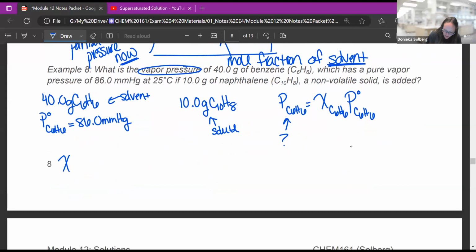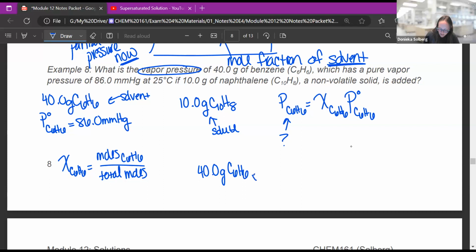So if I want the mole fraction of C6H6, that would be the moles of C6H6 over my total moles. Now I just need to figure out how many moles of stuff I have. So I'm going to convert both of my amounts of stuff to moles. I have 40 grams of C6H6 over 1. Its molar mass is 78 grams per mole.